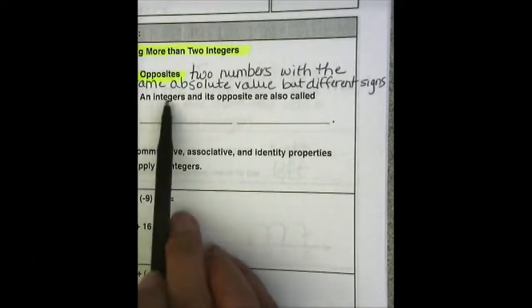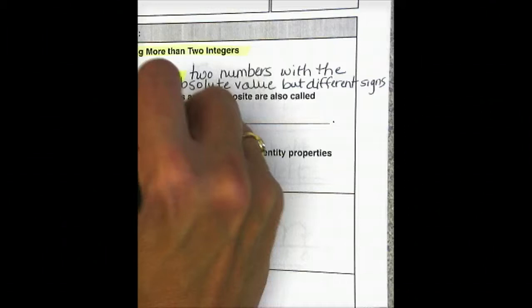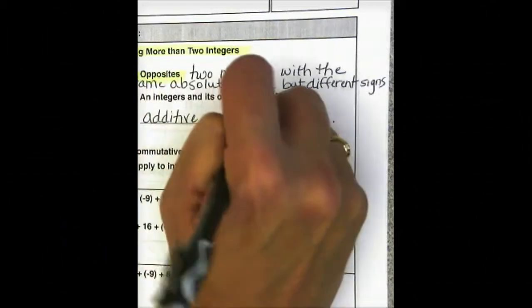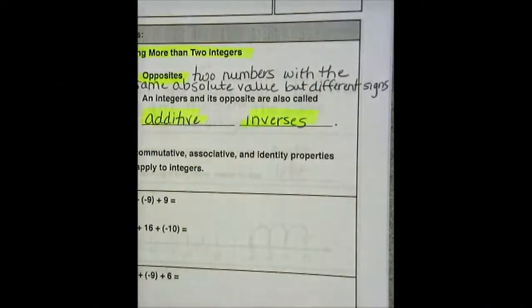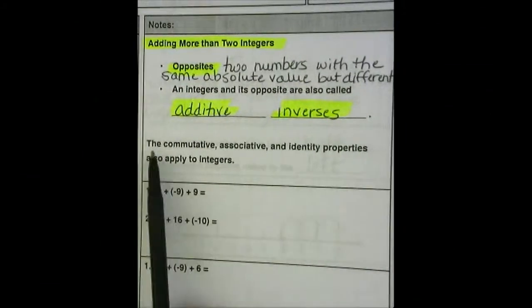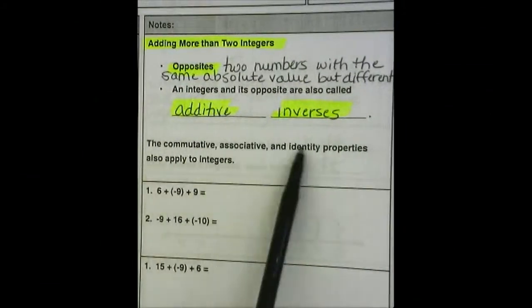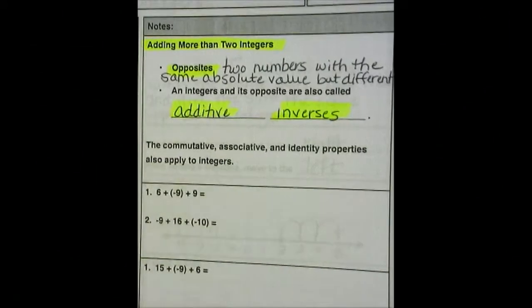An integer and its opposite are also called additive inverses. Keep in mind the properties that we learned last week are also going to apply. So the commutative, associative, and identity properties are also going to apply to integers.